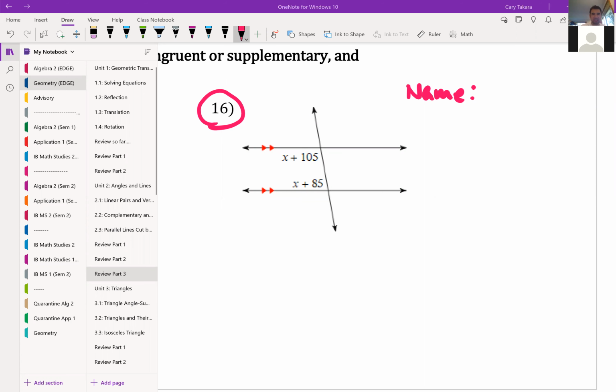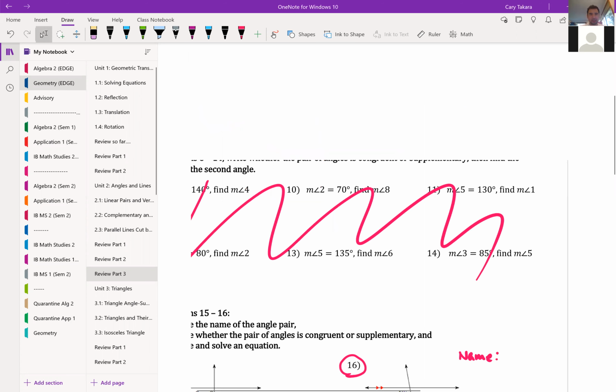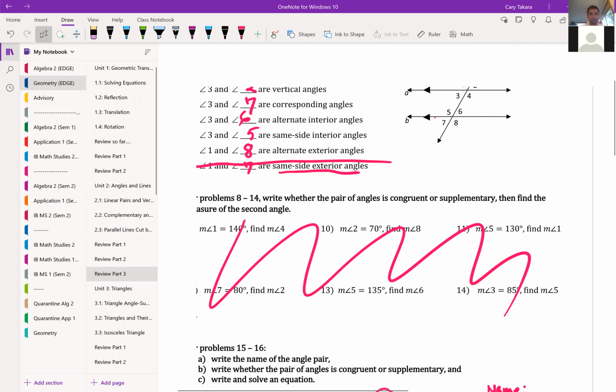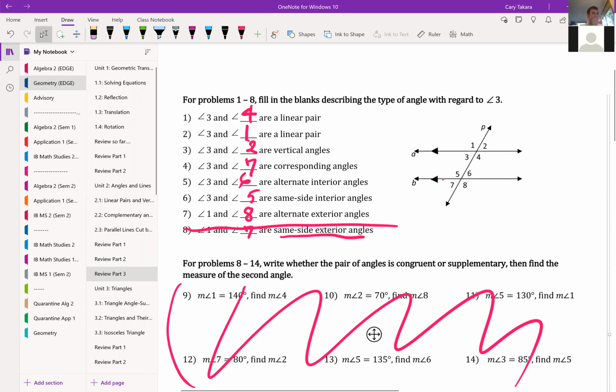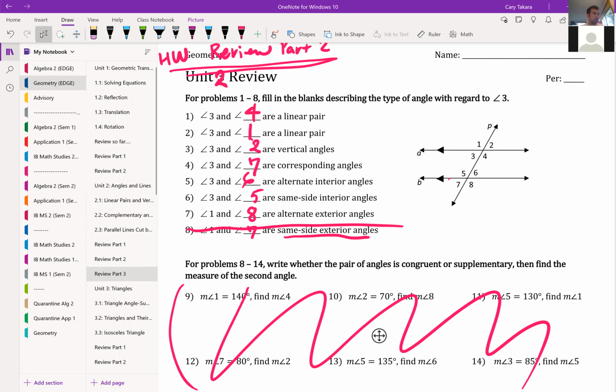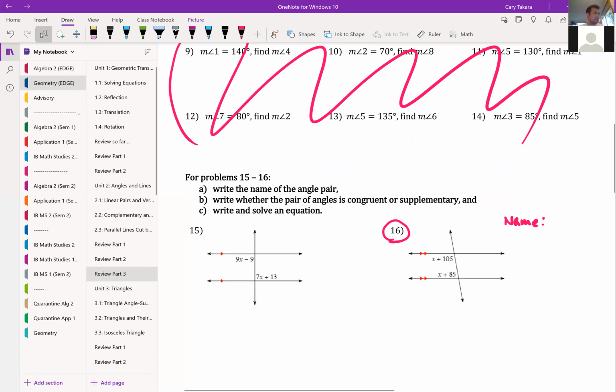I still need to see, did I go too fast? Is that what you're talking about, Brandon? Yeah, we are skipping number 9 through 14. We don't need to do that. We are working on number 16.